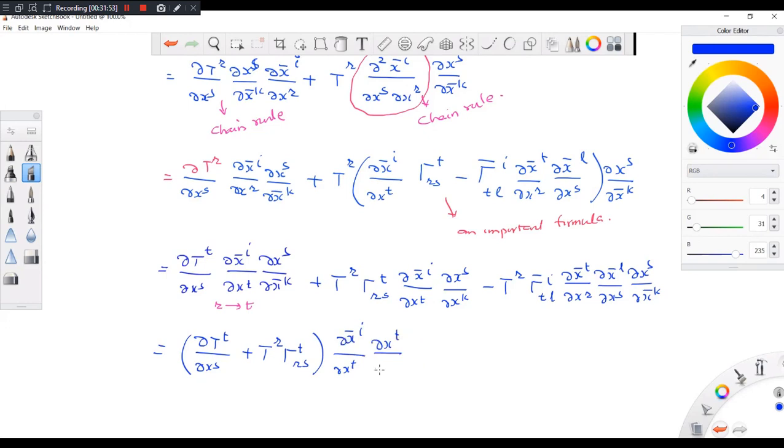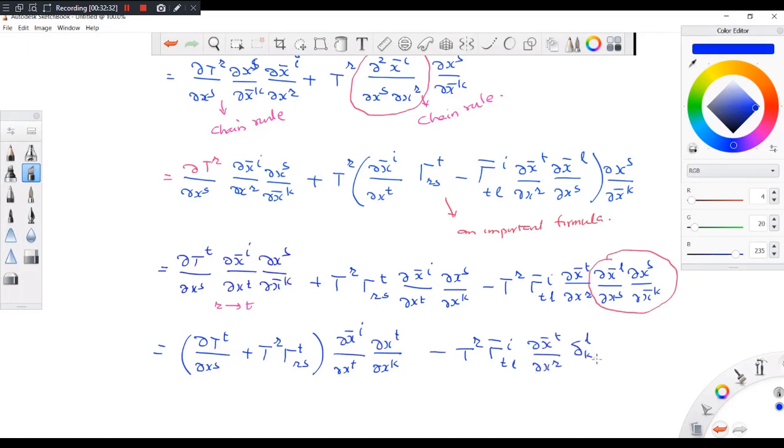So this minus TR gamma bar ITL. Okay, then del x bar T by del XR, and suppose you combine these two, you will get delta LK. This is actually del x bar L by del x bar k in the same coordinate system. That is nothing but delta LK.